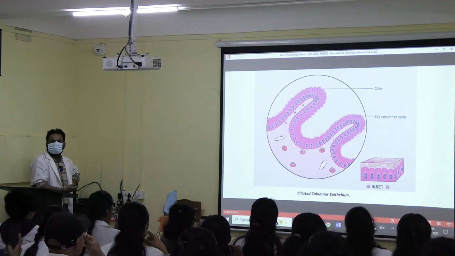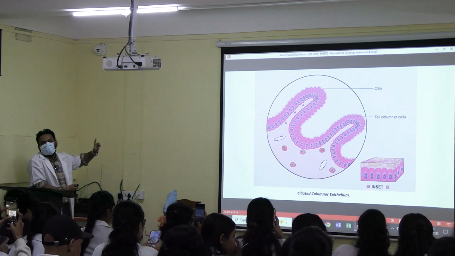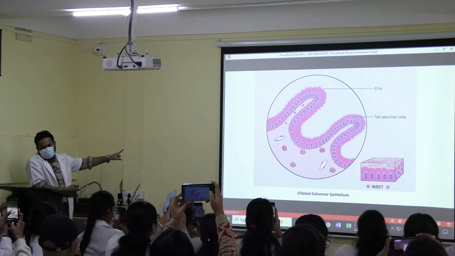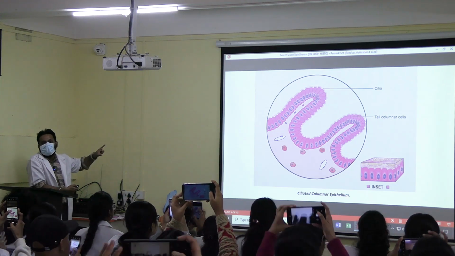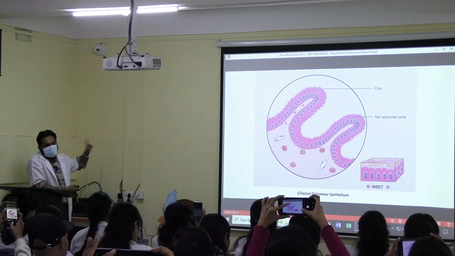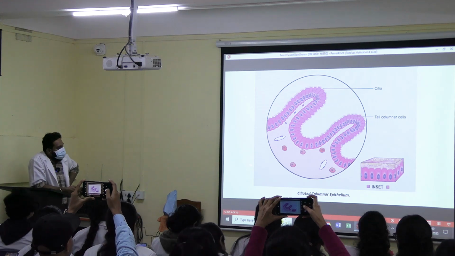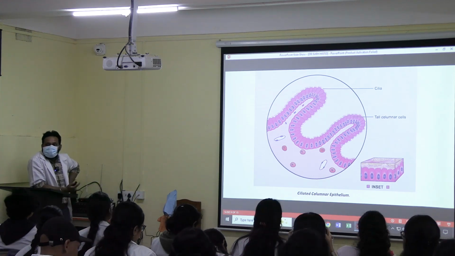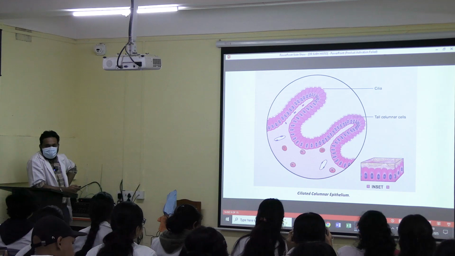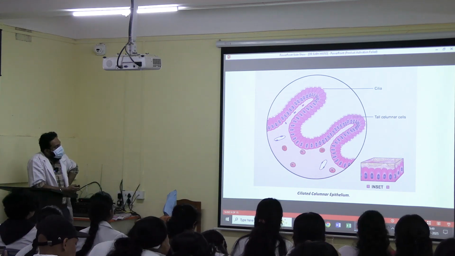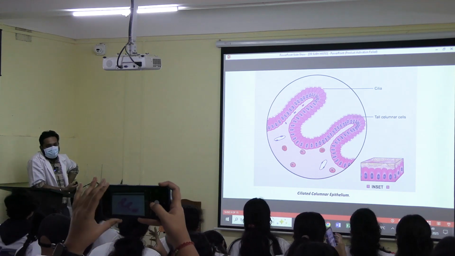Click a picture of this one again. These two pictures you have to draw under simple columnar epithelium. First one was simple columnar epithelium. This one is simple but ciliated columnar epithelium. Simple because again this one is single cell layer.